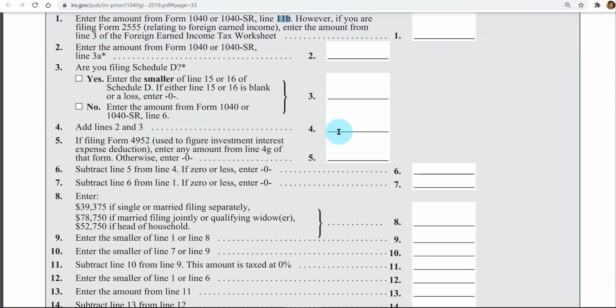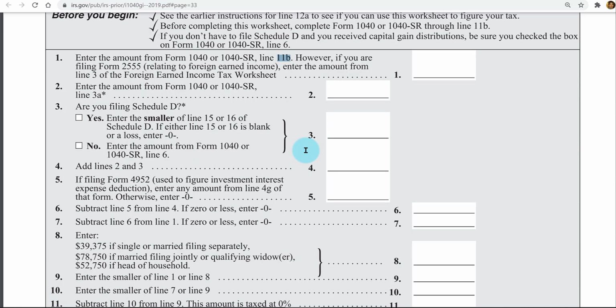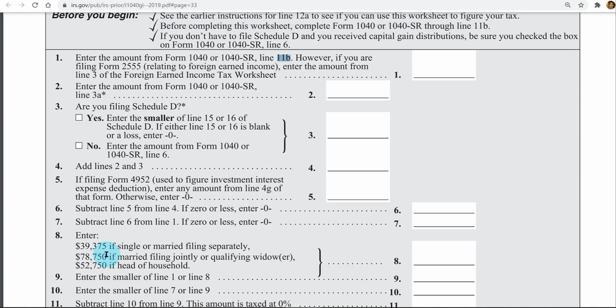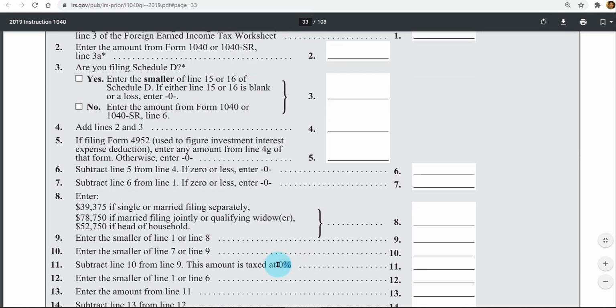And depending upon the total taxable income, if it falls within certain ranges, for example, if you're single and your taxable income is under $39,375, your tax on the qualified dividend is going to be 0%.